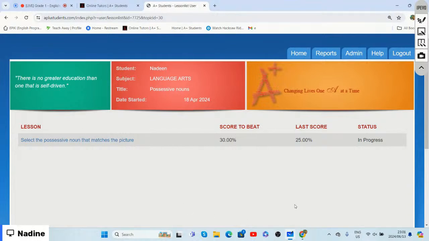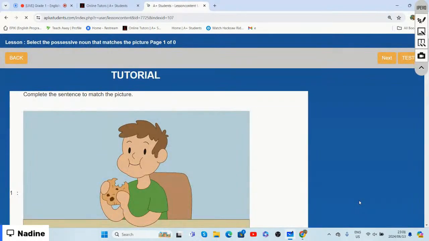All right, so our chapter is possessive nouns. Our subject is English language arts. Grade 1.